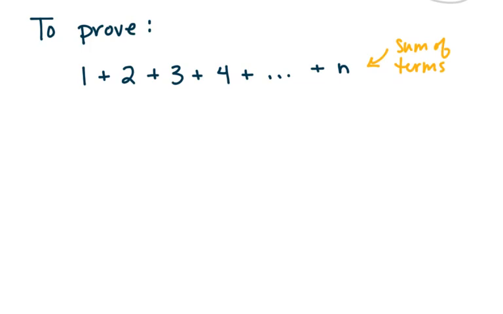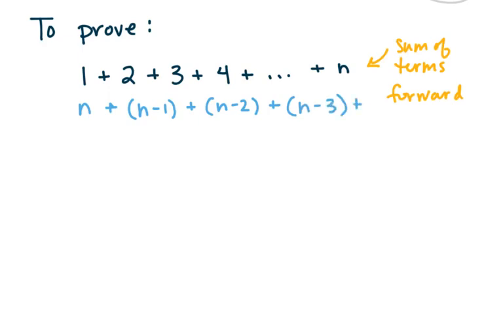Now, if I looked at adding those terms in the reverse order, so I started with the last term, and I'm going to end with my first term. I would have, well, my last term would be n, and the term that comes before n would be n minus 1, and the term that comes before that would be n minus 2, and before that we would have n minus 3, all the way down to where eventually we have 1.